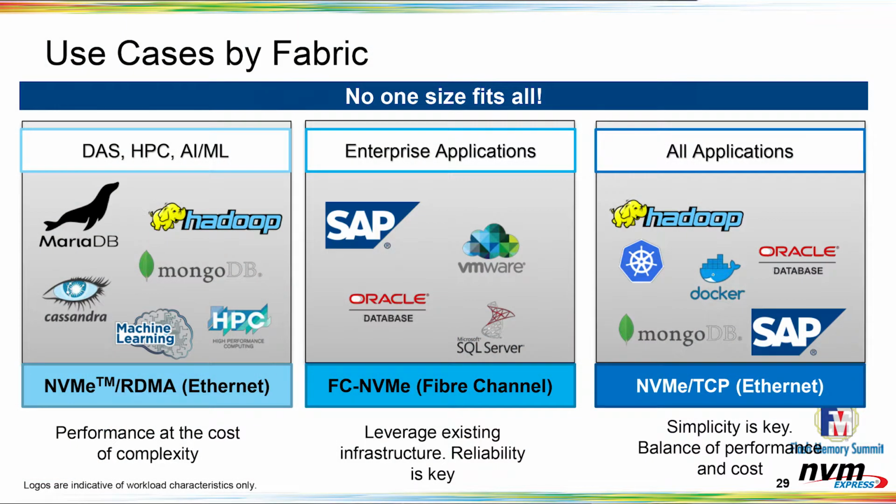So a lot of enterprise applications, business critical applications that relied on Fibre Channel, I recommend that they continue to rely on Fibre Channel or its next avatar, FC-NVMe. And there comes the rest of the crew, right? The all-encompassing bucket, which is NVMe over TCP.